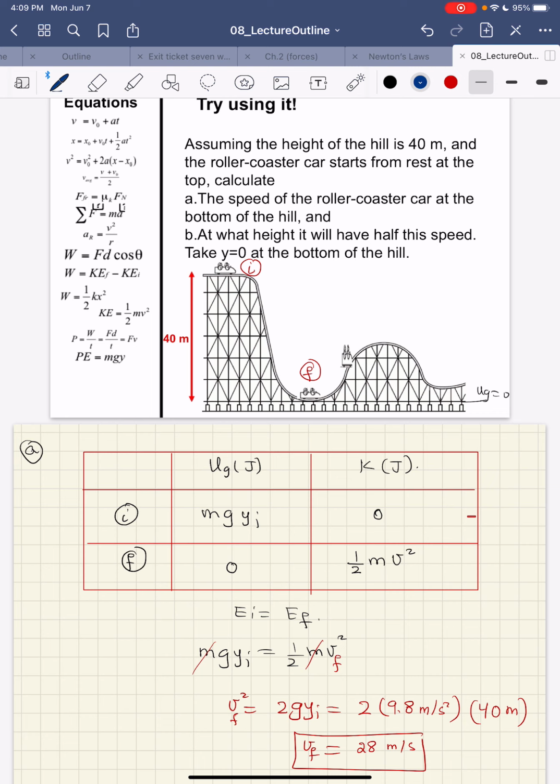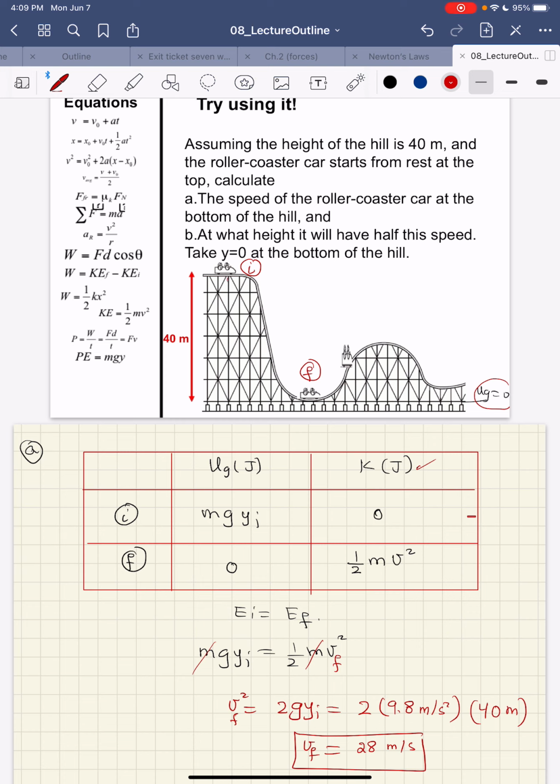For me, I consider the diagram that I have as my diagram, and I have labeled my distances. I said where is my initial, where is my final, and the most important part here is where my UG equals 0. I like to use charts or tables. Then I'm going to say initial and final, and this is UG in joules, and this is kinetic energy in joules.